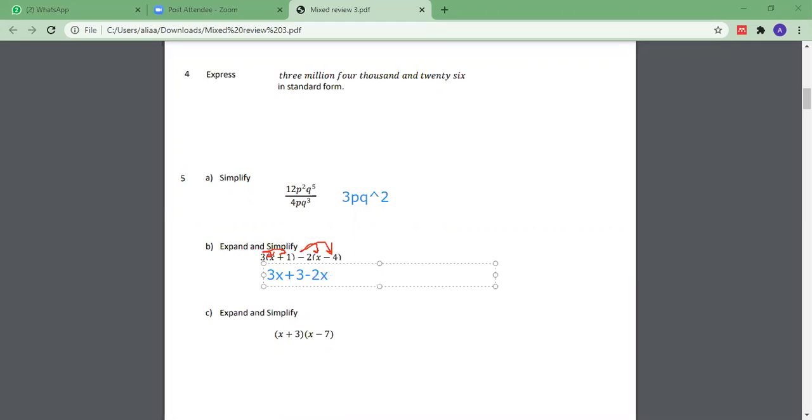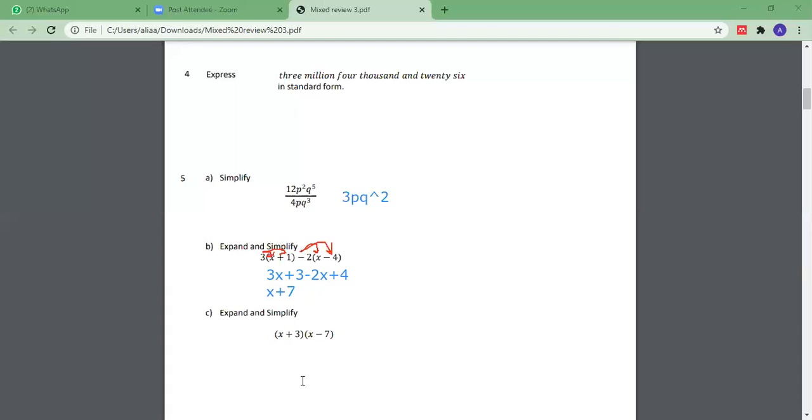Negative 2 multiply negative 4 will be plus 4. Okay, do I have like terms here? Yes, I do. So you'll have 3x minus 2x, which will be x, and 3 plus 4 will be plus 7. Okay, let's see the next question.